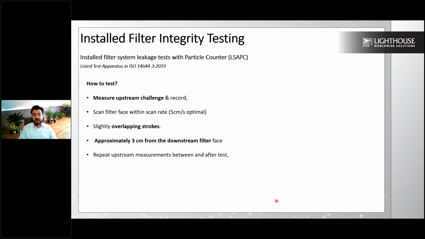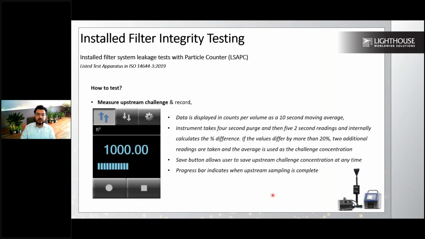And after every test, you have to verify that the upstream measurement is within your limits, defined as plus or minus 15% of your initial upstream record. In our device, when you enter the upstream challenge and record it, we have a 10-second moving average. The instrument takes a 4-second purge first, then five 2-second readings, and internally calculates the percentage difference.